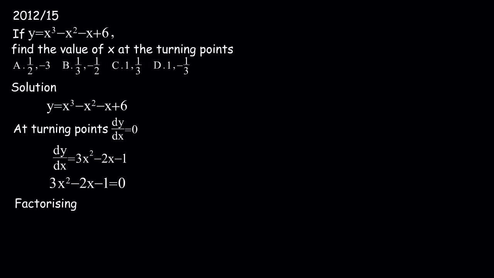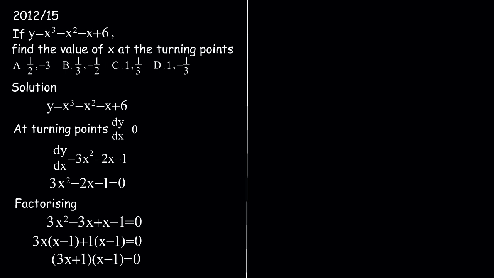So splitting minus 2s into minus 3s and s, our equation becomes 3s squared minus 3s plus s minus 1 equals 0. Factorizing further, it becomes 3s in bracket s minus 1 plus 1 in bracket s minus 1 equals 0. Since the elements in our brackets are the same, you can factorize this as 3s plus 1 in bracket s minus 1 is equal to 0.